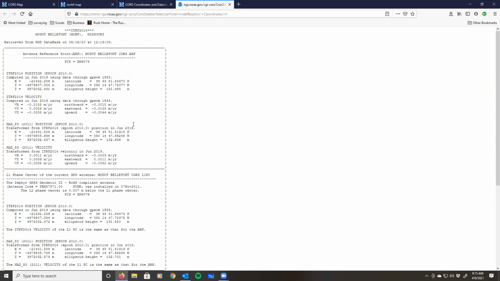Keep in mind that even though we think of these stations as being fixed, relative to the overall Earth, they're moving. Everything's on a plate. The plate is slowly moving across the surface.